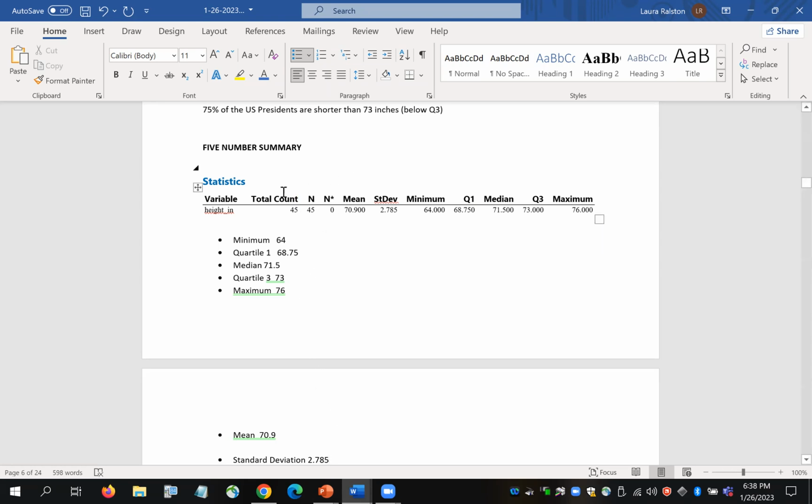Now, if you had a question about missing data values, this number N star is the missing data values. For this particular data set, I'm not missing any of the heights for the 45 US presidents.